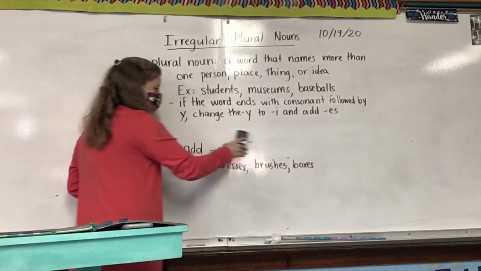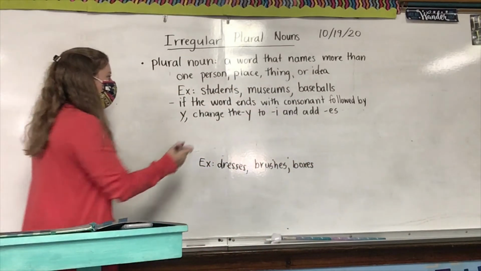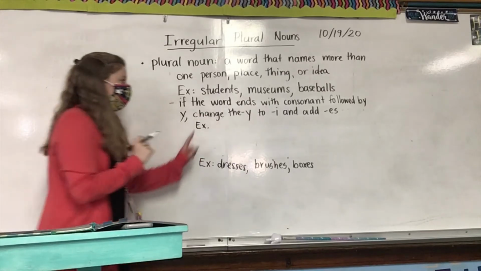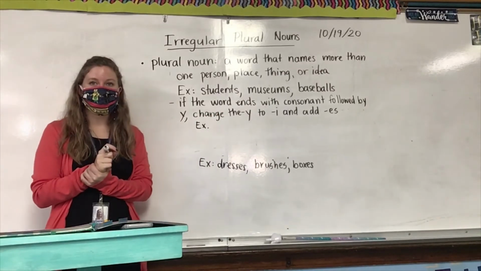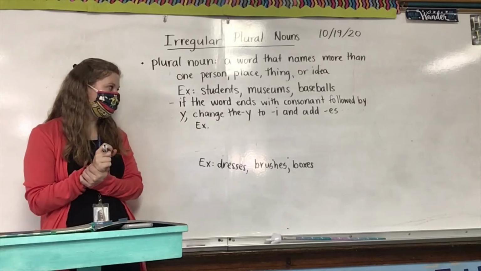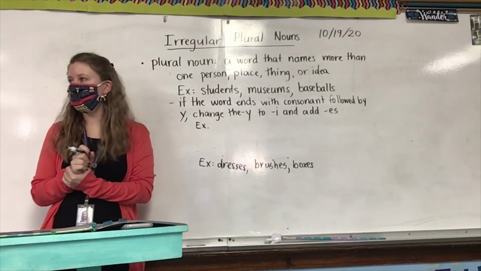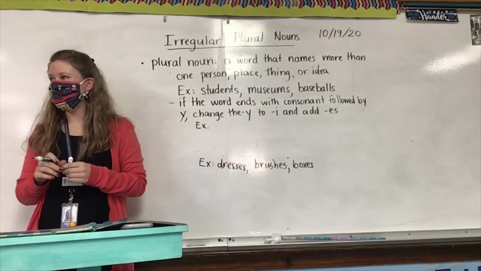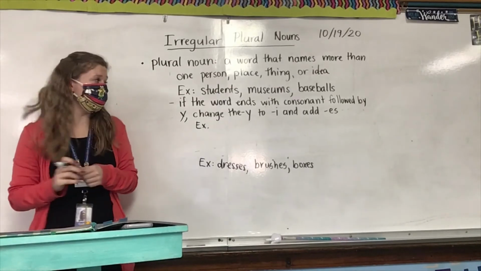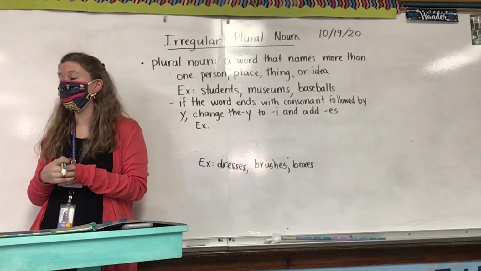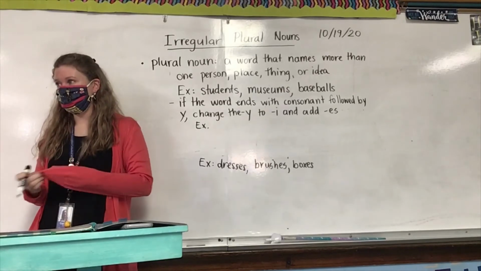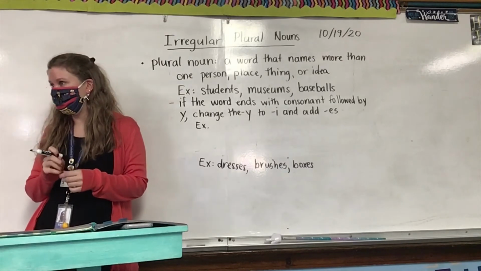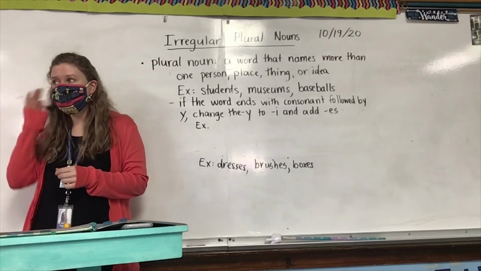I'll leave the examples up for a minute and then I'm going to erase them. So, who can give me an example of a word ending with consonant Y? Victoria, did you get to do one for this? Okay, Victoria. Were you listening? Because I said a consonant is any other letter other than what?